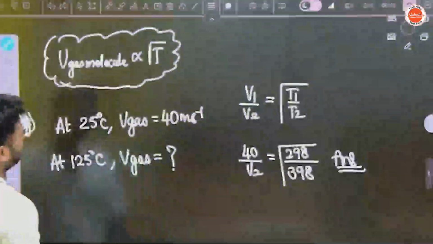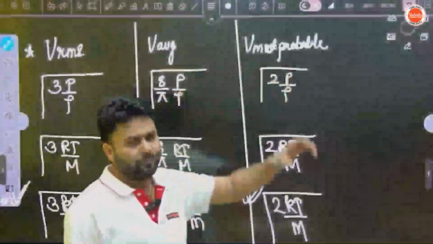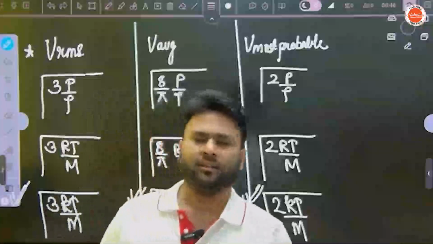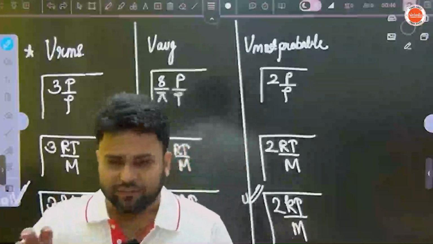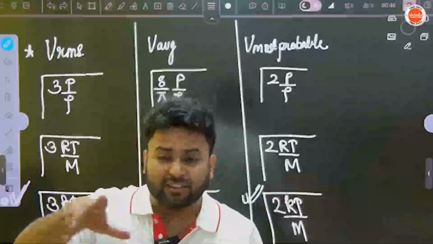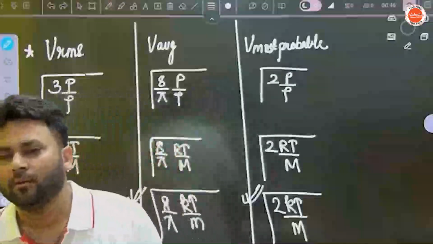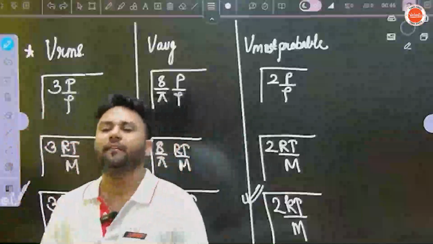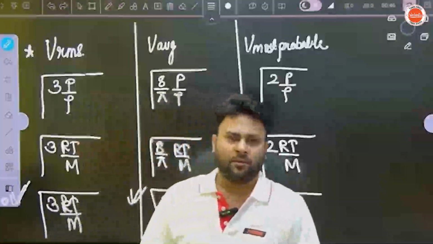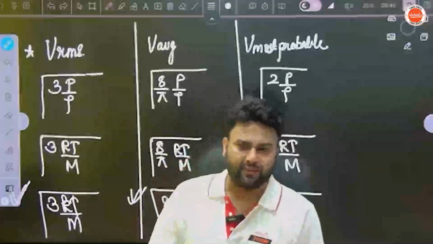Now, what is most probable velocity? Most probable velocity is that velocity which the maximum number of gas molecules attain. Understood? Suppose I have 100 molecules of gas in a container.